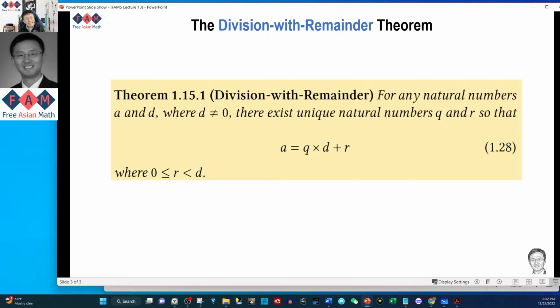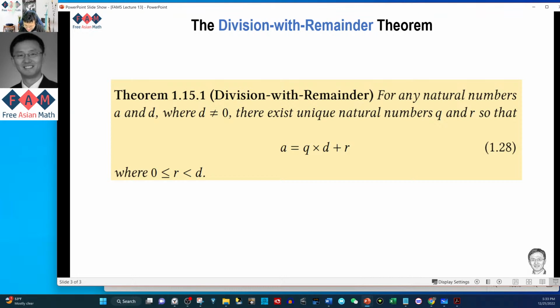It's called the Euclidean algorithm or the Euclidean lemma, because the first recorded discussion is in the ancient Greek mathematician Euclid's masterpiece, Elements. Okay, so this is actually the foundation for a very important algorithm called the Euclidean algorithm.